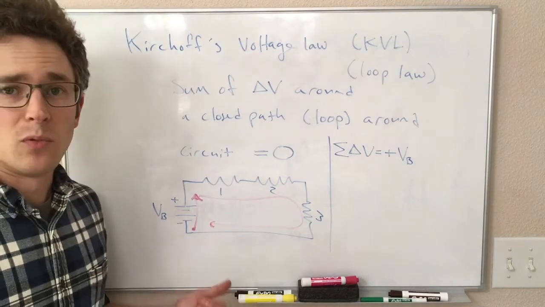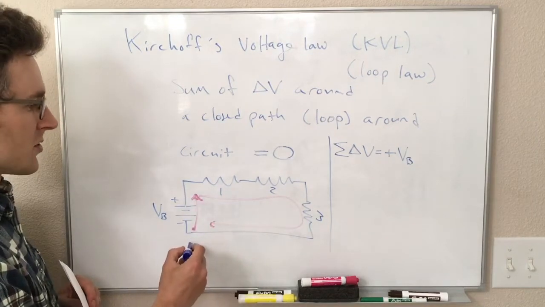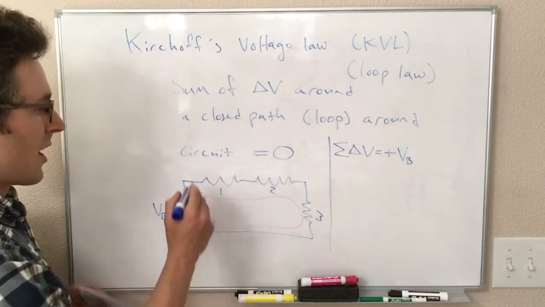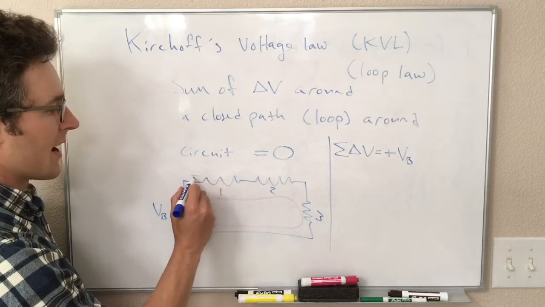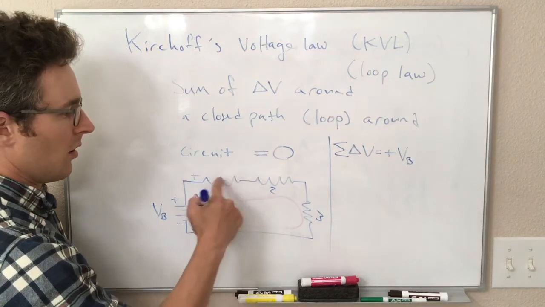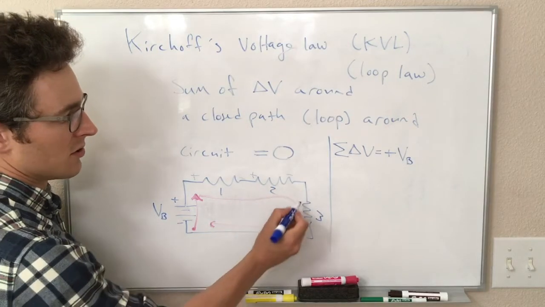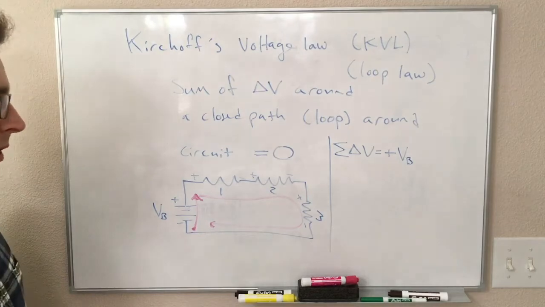But with a circuit this simple, we can guess correctly that the current is going to go clockwise around this, right, from high through the resistors to low potential. And so that means if our current is flowing clockwise, this side must be at a higher potential than this side of resistor 1. This side must be at a higher potential than that side of resistor 2. And this side must be at a higher potential than this side for resistor 3.